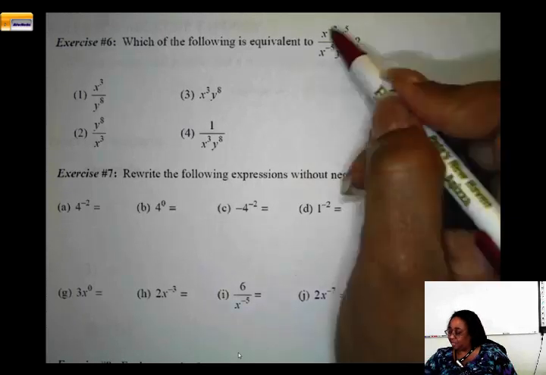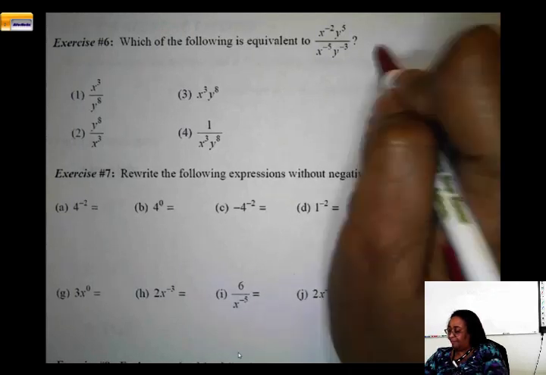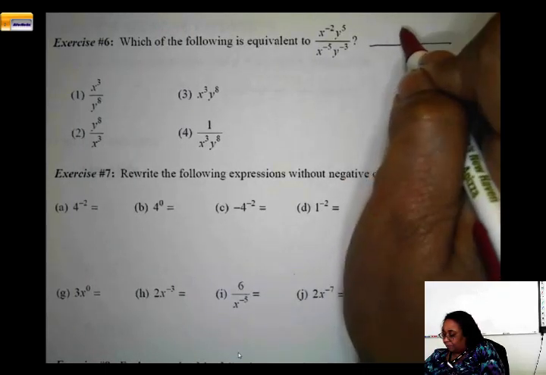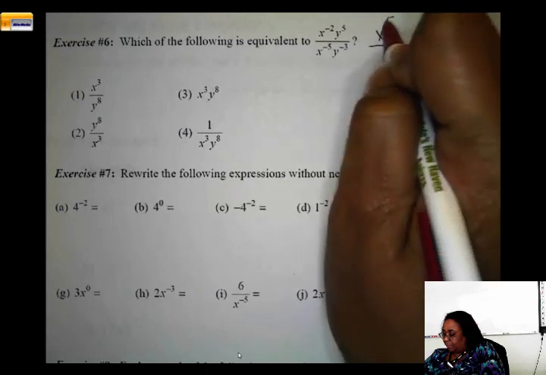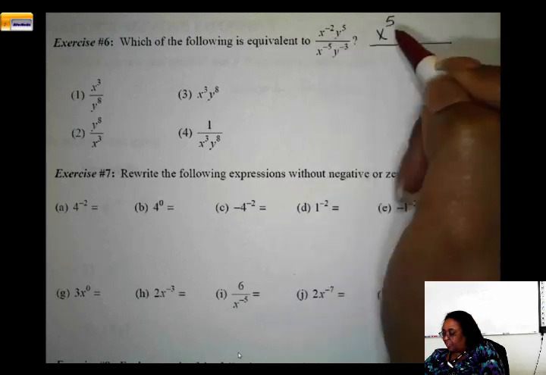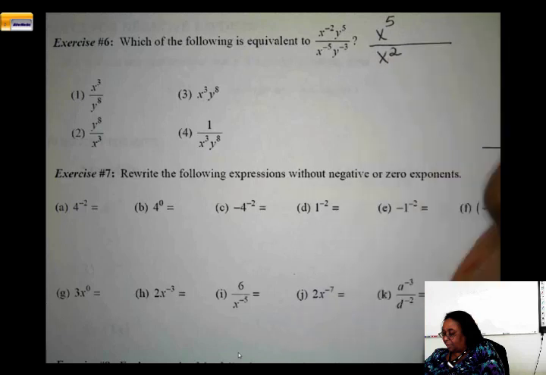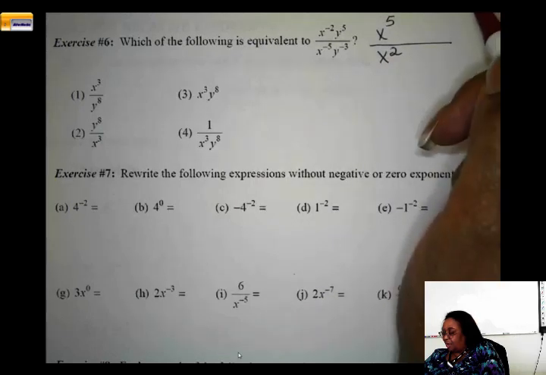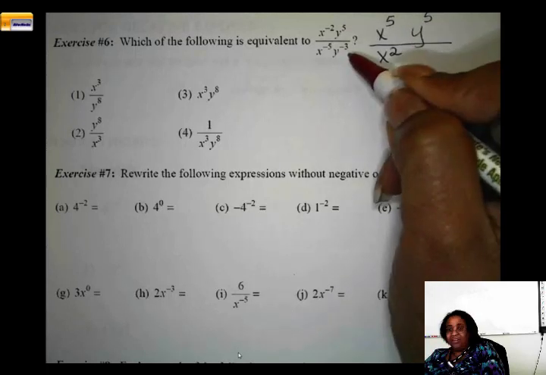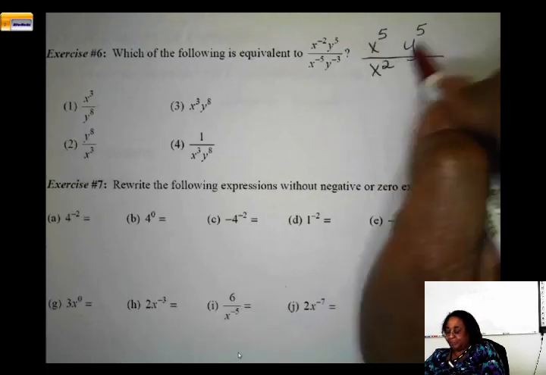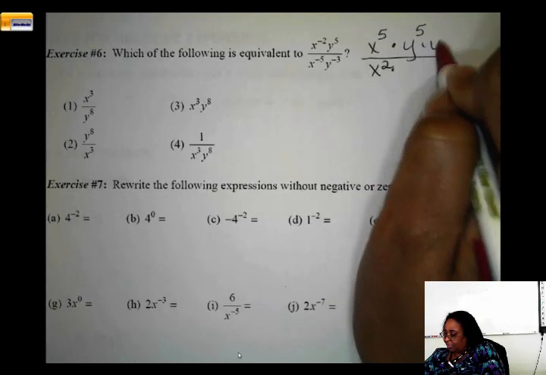What would happen to this x to the -2 and this x to the -5? The x to the 5 is positive, right? x to the 5 goes up, okay. What about x to the -2? It goes down, okay. And then what about, well, the y is positive, but what about this y down here? That's a 3 going up. Yeah, y to the 3 goes up.